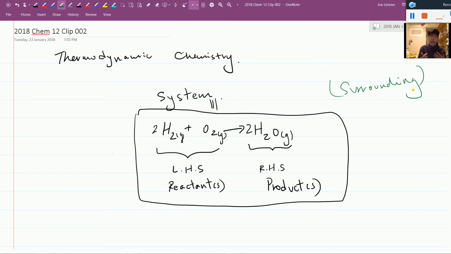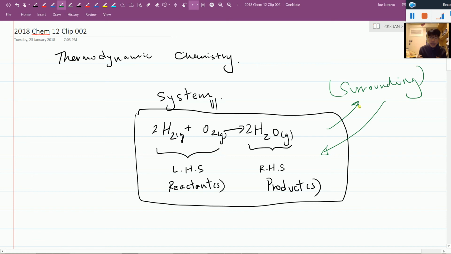The surrounding means where the heat goes. So it would be either the heat leaving the system going into the surrounding, or the energy coming from the surrounding going into the system. So for thermodynamic chemistry, we need to know about the terms system and surrounding, and the things that swap between them.